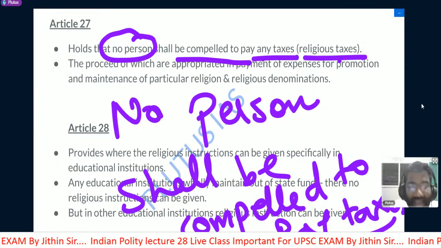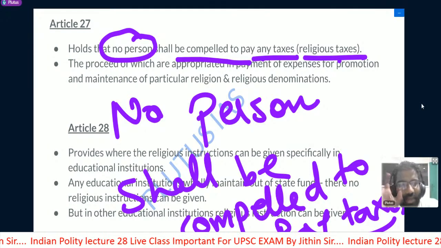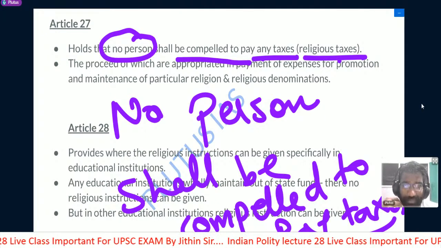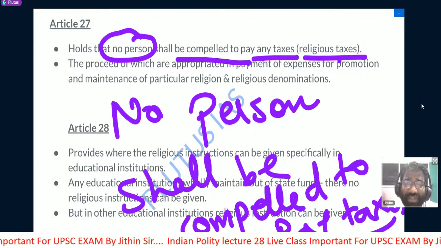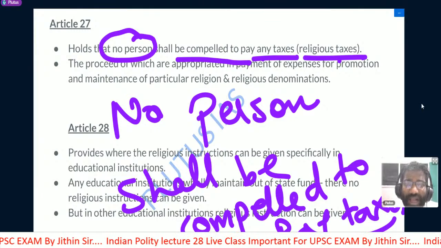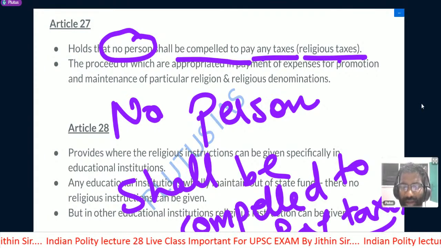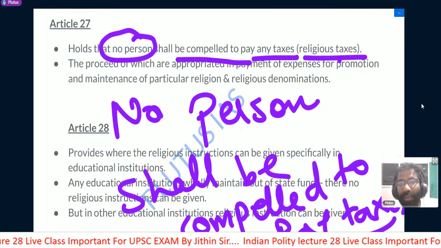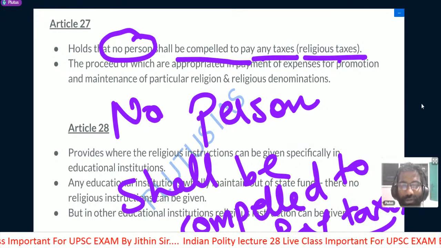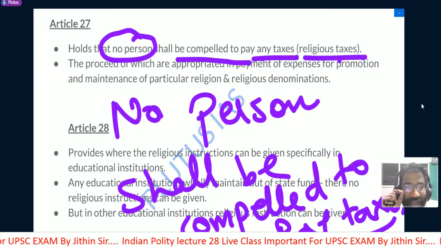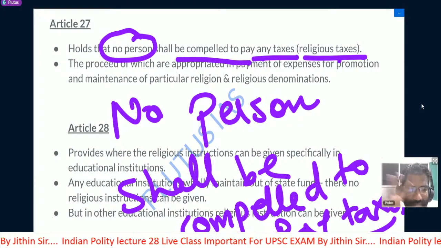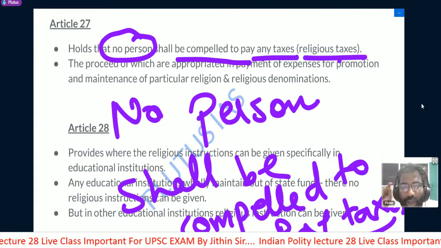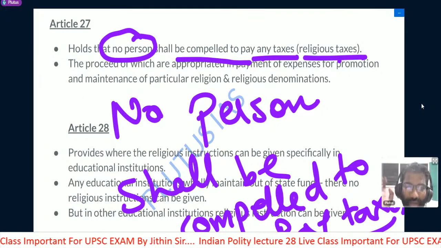Religious taxes. When I say this, it simply means for growth of a religion which I belong to. If I am in a temple, or in a governing council of a mosque, or in a Prabandhak committee of Gurudwara, managing the affairs of a particular religious organization, I cannot go to the common man of India and ask money for it.